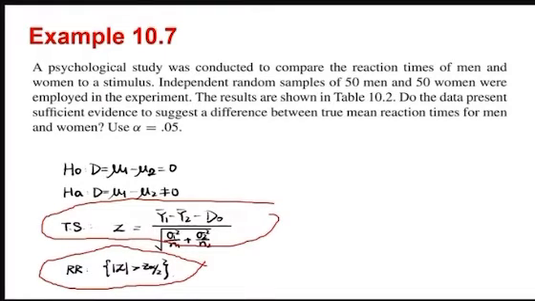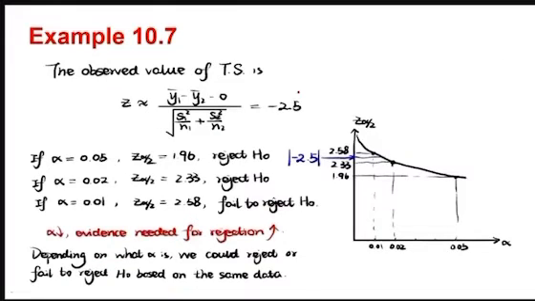Okay, now take a look at this. We computed our Z statistic to be negative 2.5, and we need to be able to take a decision given the level of significance. Don't forget, the level of significance is what we call the level of statistical error.